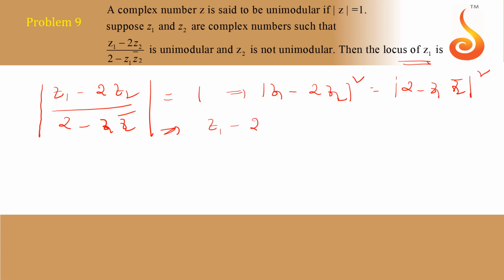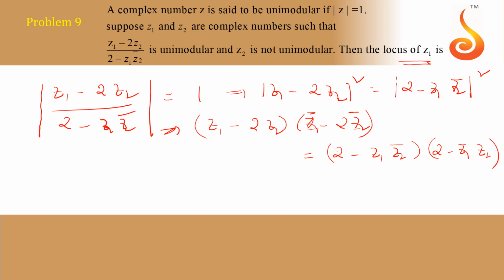So Z1 minus 2Z2 into Z1 minus 2Z2 whole bar, we can split because Z Z bar is mod Z square. So you can use this formula. 2 minus Z1 Z2 bar into its bar. The bar is 2 minus Z1 bar Z2, because Z1 Z2 whole bar is Z1 bar Z2 bar bar, and Z2 bar bar is nothing but Z2.